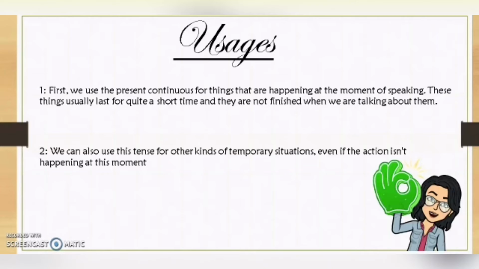Remember that it is a situation that is happening at the moment. For example, I am speaking English right now, but in my current life, I speak Spanish. But right now, I am speaking English. This is an example of the differences between the simple present and the present continuous.